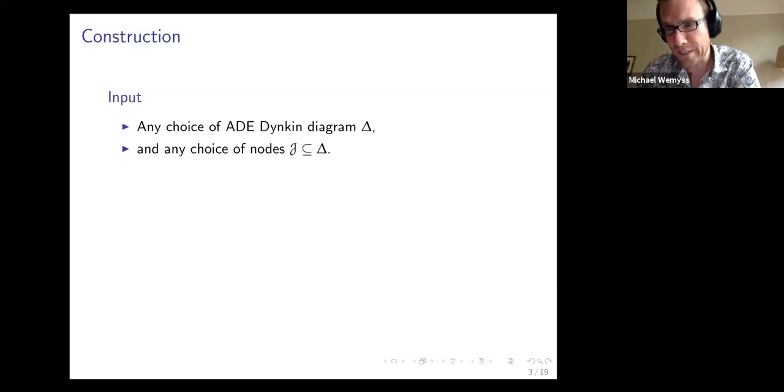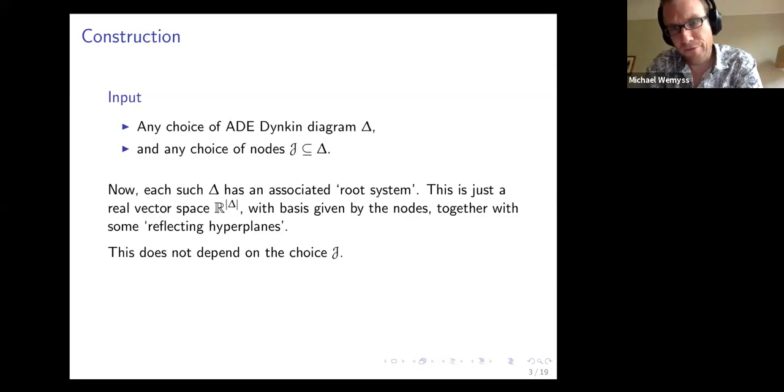So what are we going to do? There are going to be some pictures on the next slide and the slide after. But basically, the first thing we're going to do is associate to this diagram a vector space. It's just a real vector space. If I chose the A_n Dynkin diagram, I'm going to have the real vector space R^n, an n-dimensional vector space. It's going to be a very formal thing.